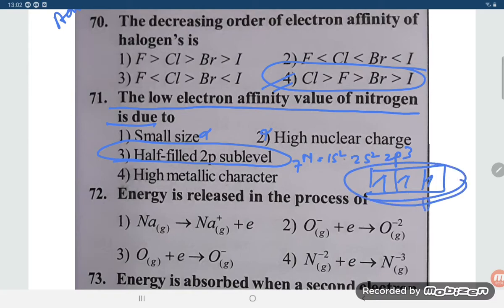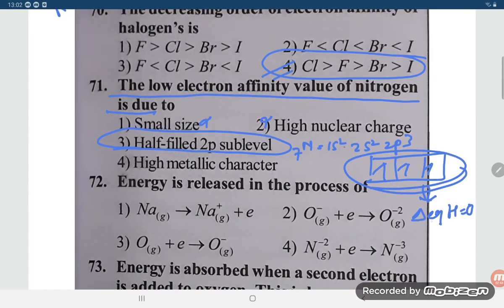So adding an electron is not possible, and the electron gain enthalpy ΔEGH is equal to 0. E for electron, G for gain, H for enthalpy. So the correct option is option number 3.